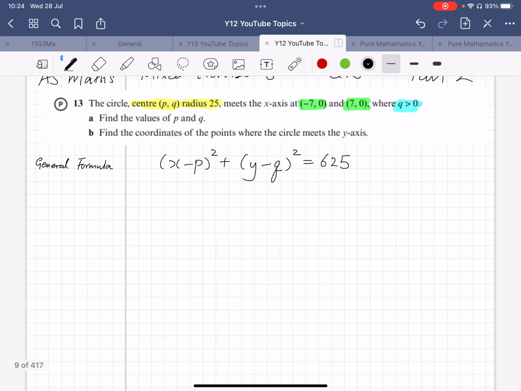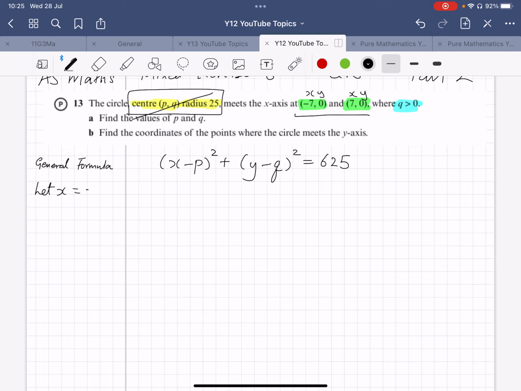Now if you look at that, that uses the first bit of information, that's done. The second bit of information is here. Those 2 points exist on the circle, which means individually the x and y value must fit the general equation. The x and y value here and the x and y value here. So I'm going to do a substitution and put those values in.